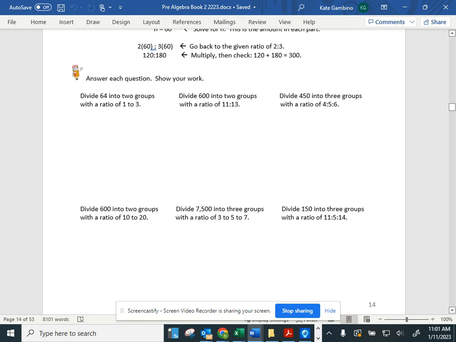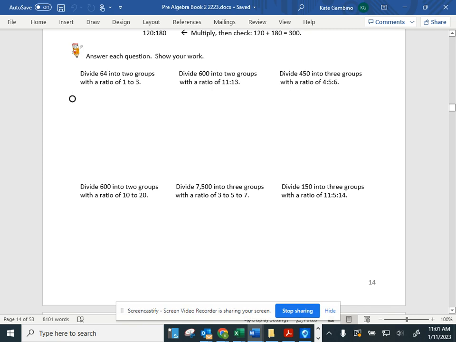How am I going to do that down here? Chance. So wouldn't you write it out as like 1n and then plus 3n? Yeah, right? Because it's 1 to 3. So 1n plus 3n equals what? Which would equal 64. Very good. You would add the 1 and 3, which would be 4, and divide 64.